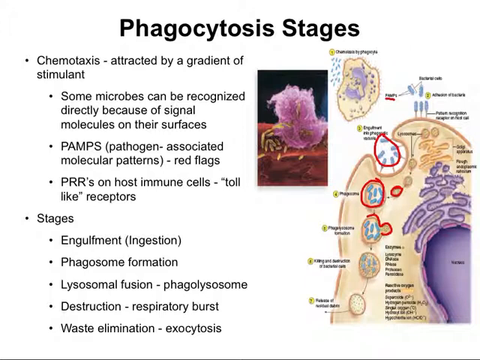This burst of oxidative agents degrades the particles further so that they're no longer a hazard to the cell. After the phagocyte is done breaking down all the chemicals, the process of exocytosis occurs, and all of these particles are released from the cell in the process of waste elimination. Let's take a look at a quick animation of the process of phagocytosis to help us better understand the process.